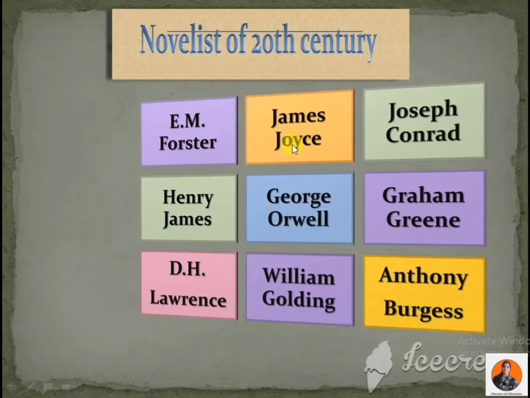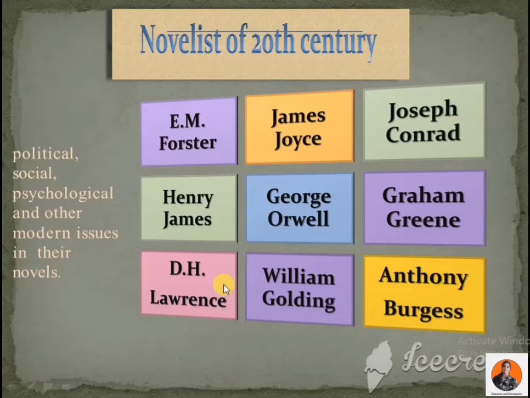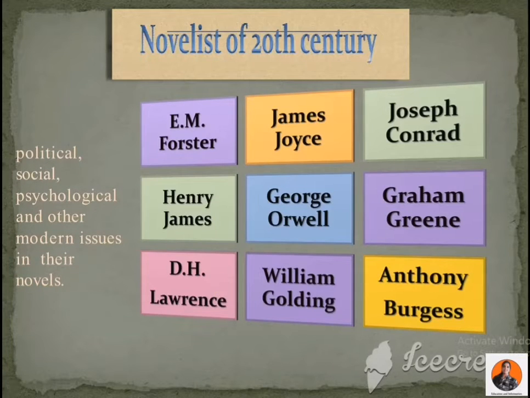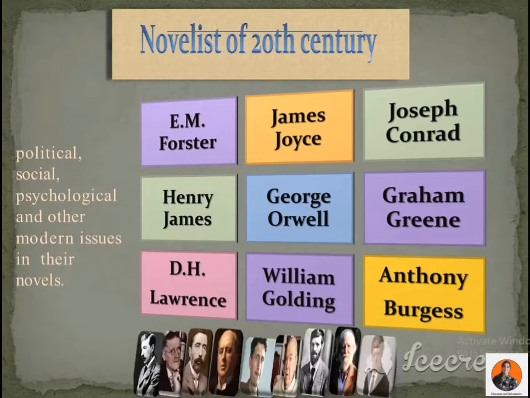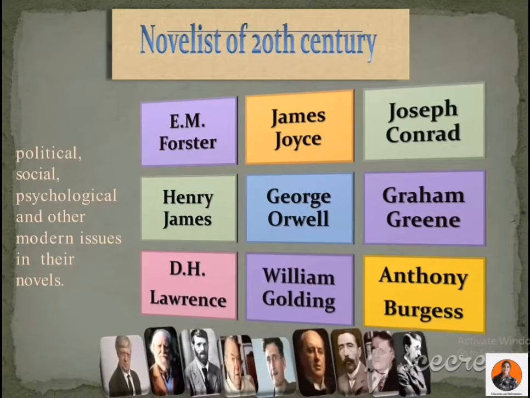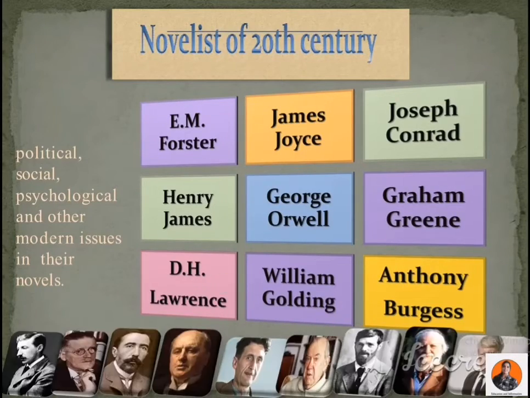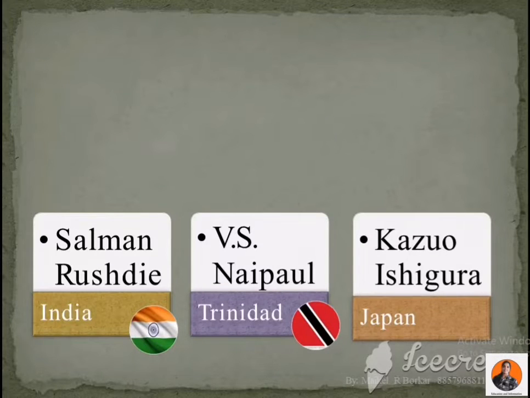Indian novelists of the 20th century: E.M. Forster, James Joyce, Joseph Conrad, Henry James, George Orwell, Graham Greene, D.H. Lawrence, William Golding, Anthony Burgess. These novels were written on political, social, psychological and other modern issues, and they became very popular because of their writing.